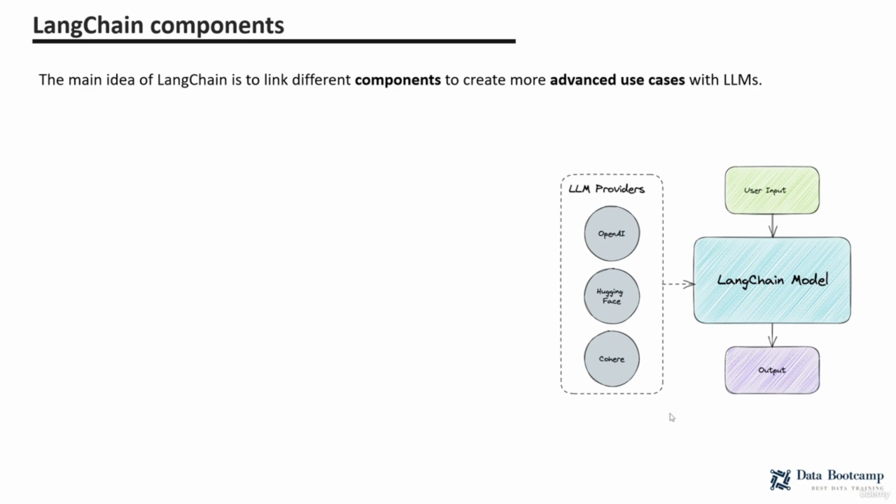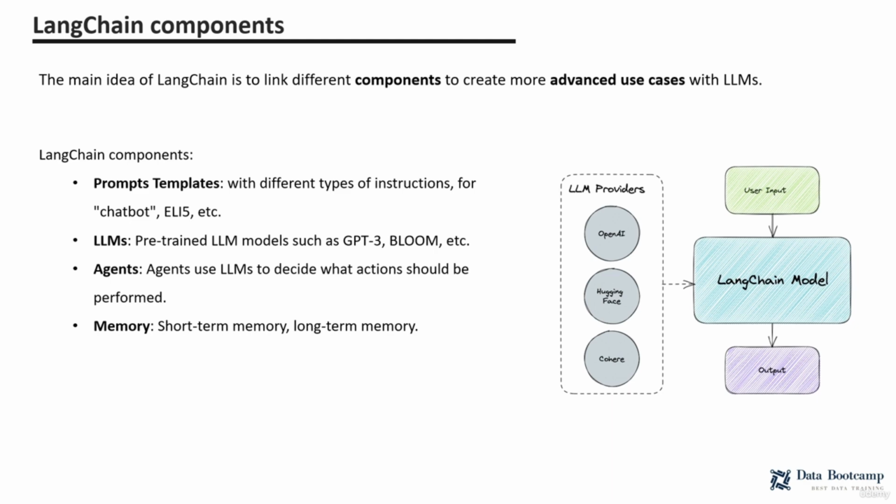The main idea of LangChain is that it can link different components to create more advanced use cases using large language models. And what are these components that it allows us to link? Well, within LangChain we have different components. On one hand, there are prompt templates.